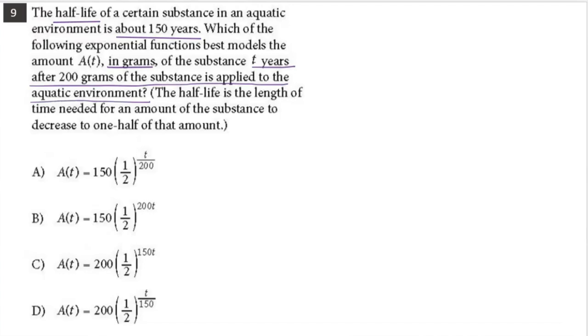The half-life is the length of time needed for an amount of the substance to decrease to one half of that amount. So initially there's 200 grams. So A and B are incorrect because we know from the exponential models, this is 200, and in each of the inner values, it's given a half-life, or 50%, or 0.5. So we know that this function should have this 200 grams of substance.